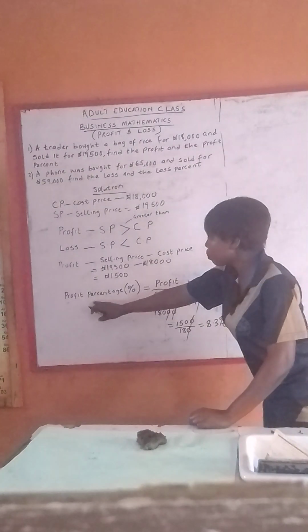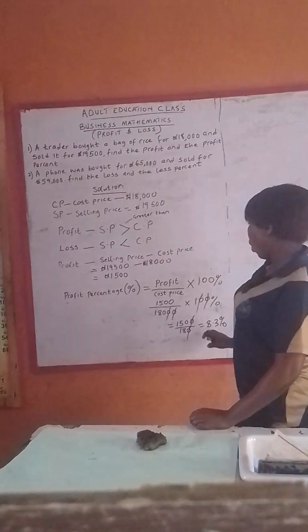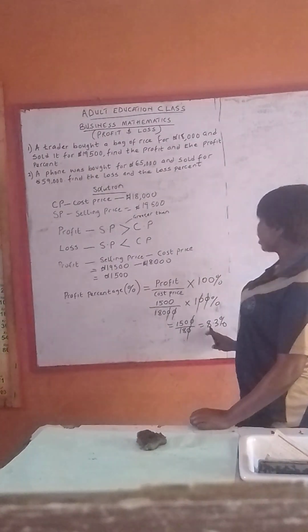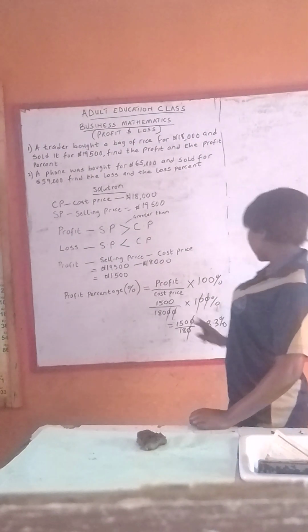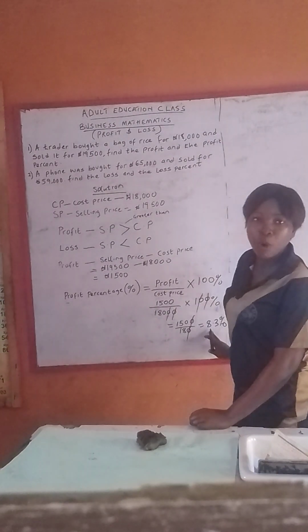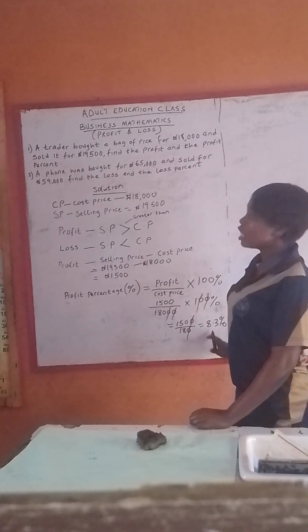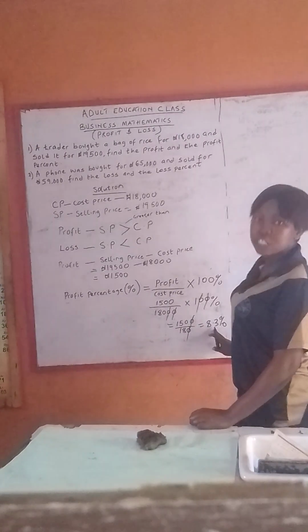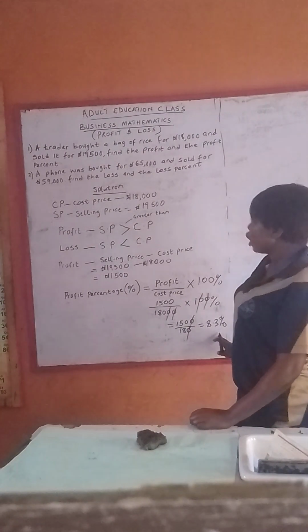So the percent profit of this particular problem, the trader made a profit of 8.3%. The trader here has just made a profit of 8.3%.